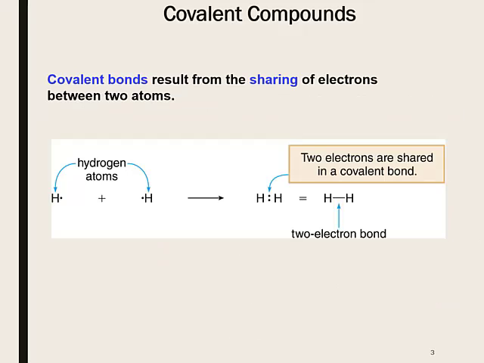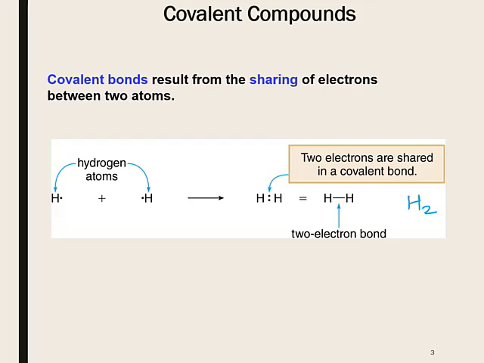So we can say that a covalent bond forms as a result of sharing electrons. This example shows a covalent bond in hydrogen gas. Hydrogen gas is represented by H2, and there is a covalent bond between two hydrogen atoms.